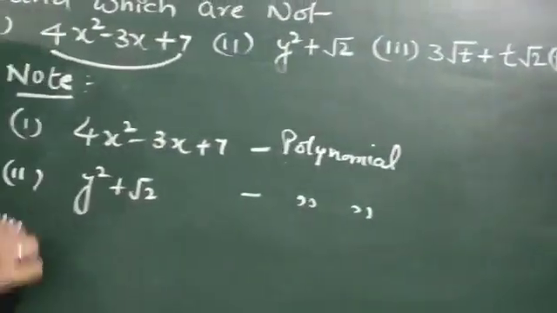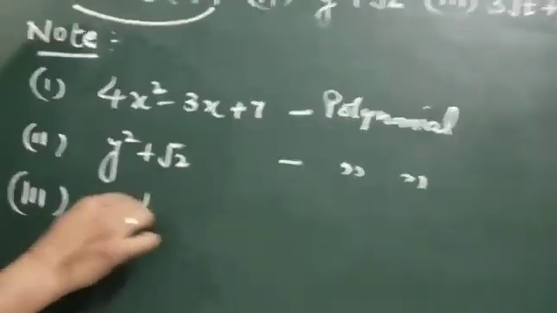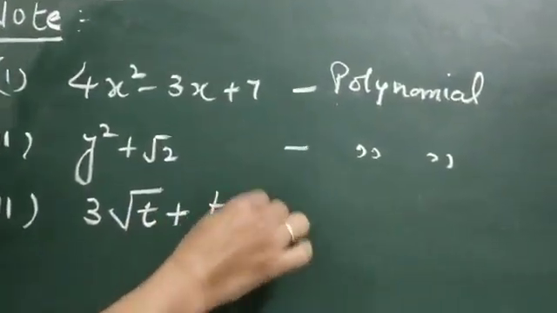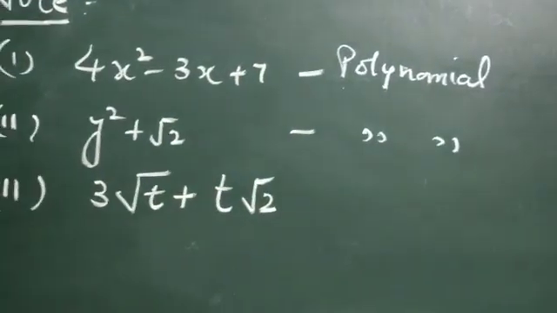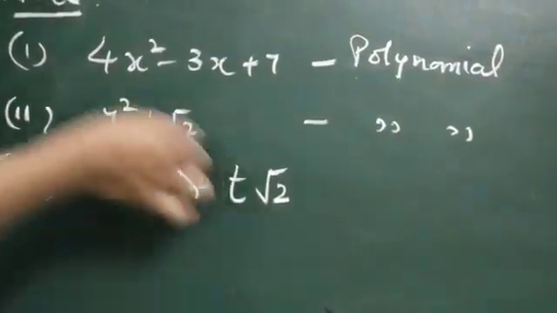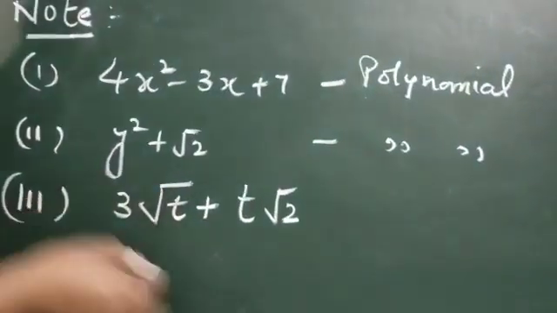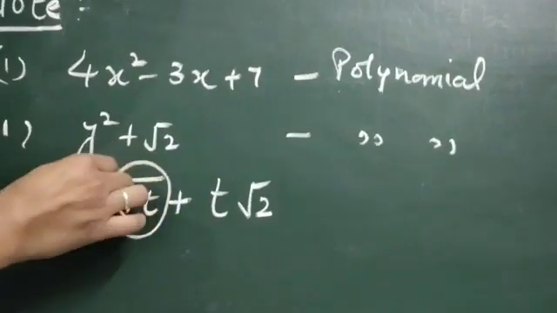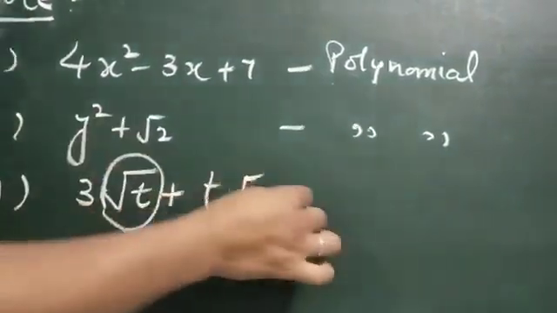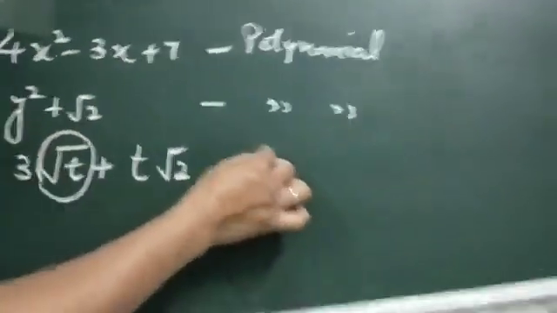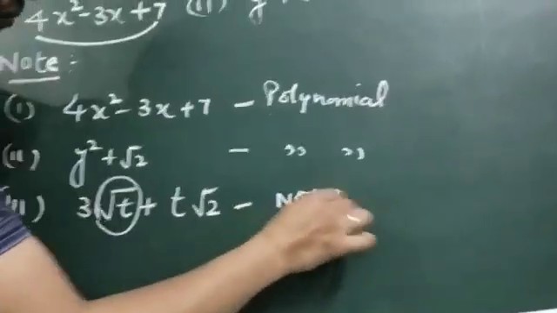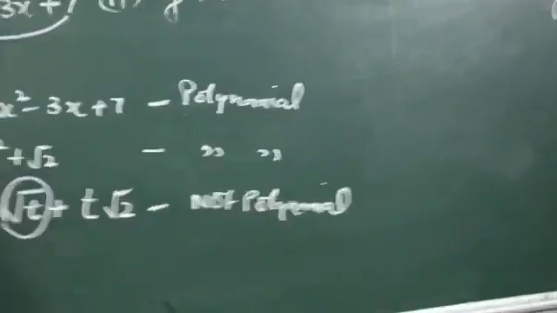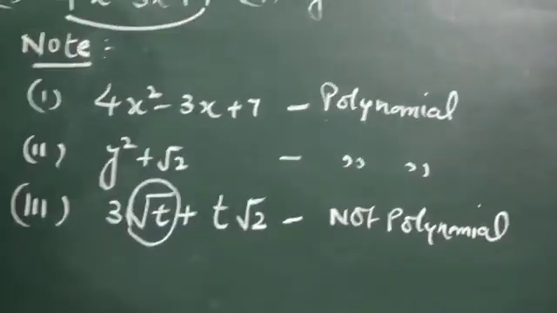But in the third one you can see you have 3 root t plus t root 2. Here you can see this expression has a variable t, and the variable is in the root. So this is not a polynomial, because how will you identify a polynomial?